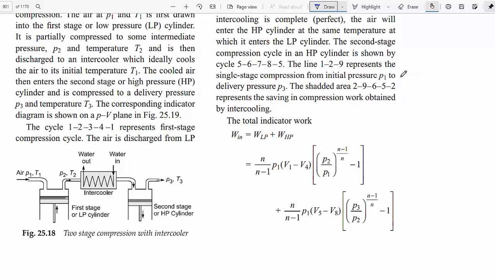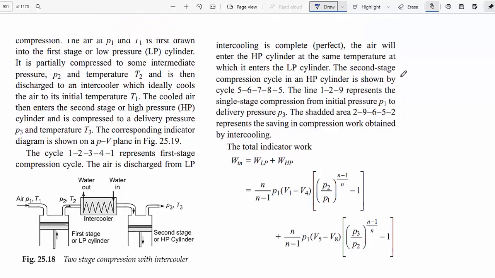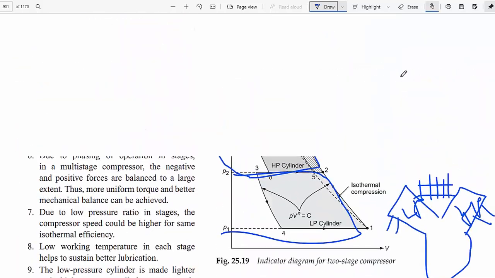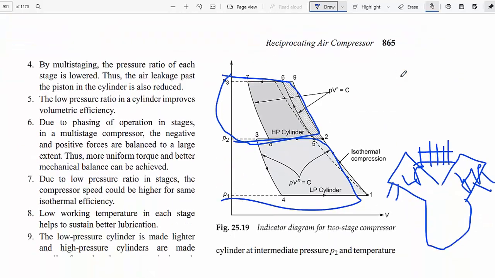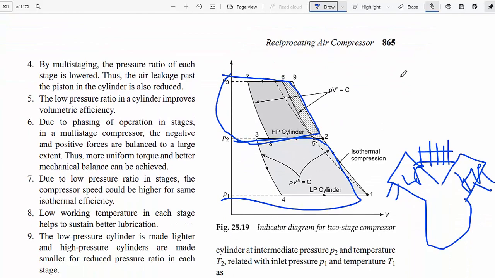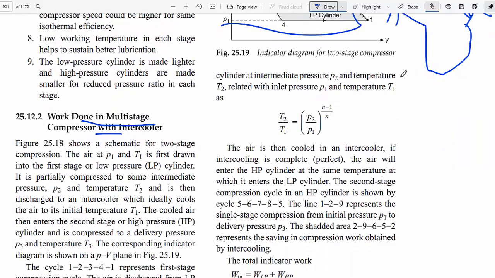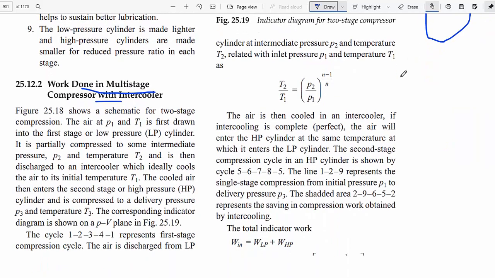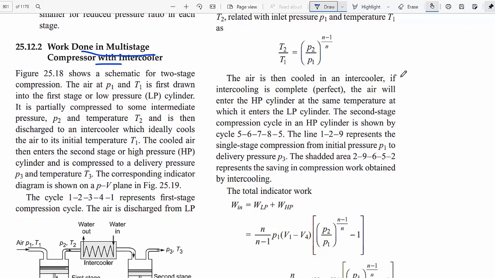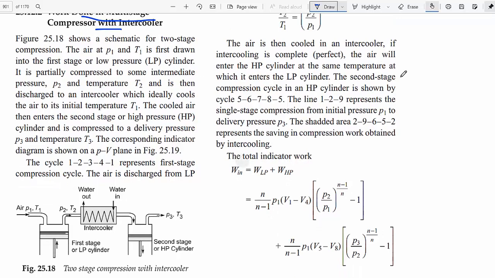Then the PV diagram for two-stage compression is like this. It is the integration of two PV diagrams. Then the isentropic relation is T2 by T1 equal to (P2 by P1) power (n minus 1) by n. The total indicated work, equal to the work input, is work LP plus work HP.